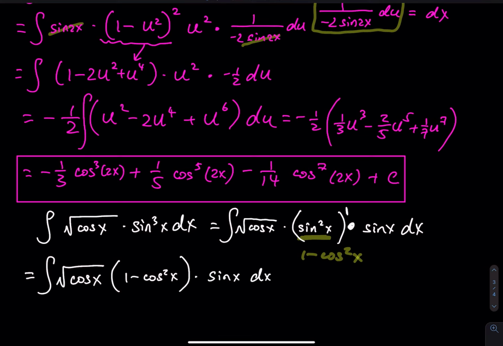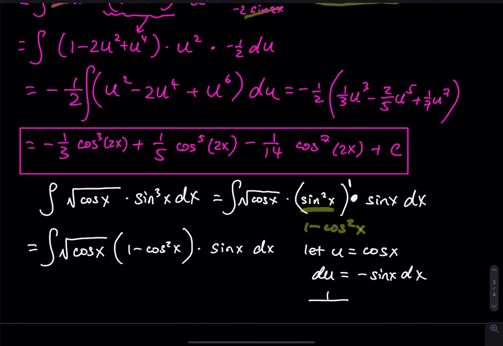And then according to the cookbook recipe, you have to let u equal cosine x. So du is equal to negative sine x dx, and then you have 1 divided by negative sine x du equals dx, and then you do a substitution, and then you do a change of variable.